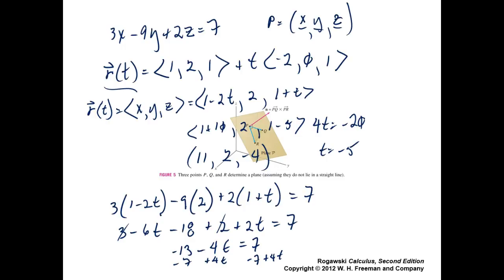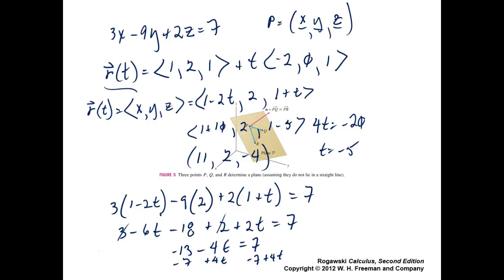Okay? And how do you check that real quickly? 33 minus 18. You want to do that in your head fast? 33 minus 18. Maybe not. 15. Is it? 15 minus 8. 7.